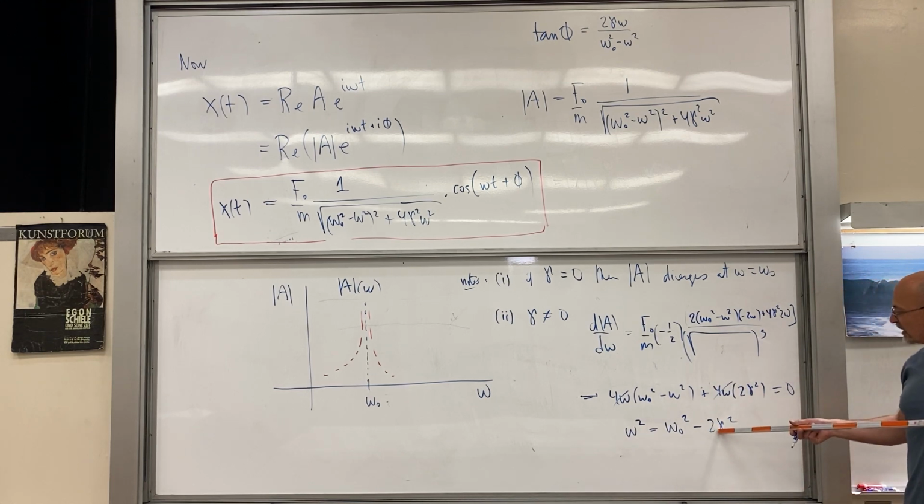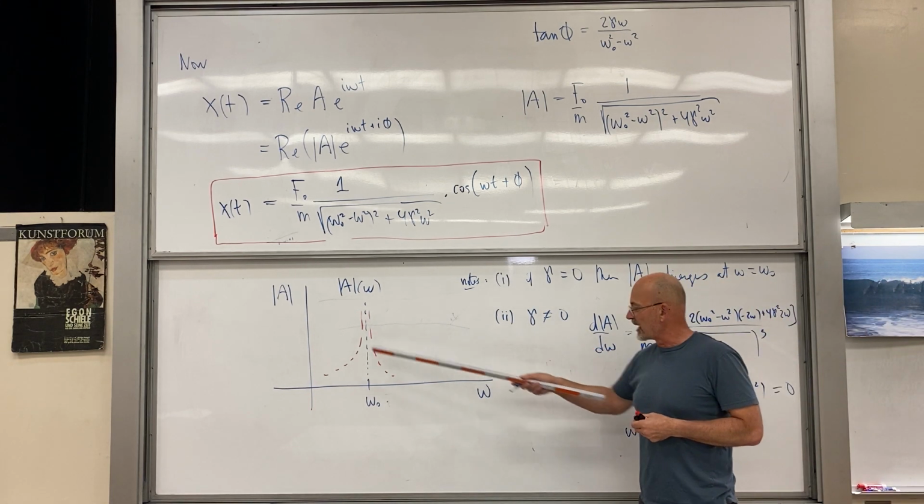So in the limit as gamma goes to 0, we have, again, the peak right here.